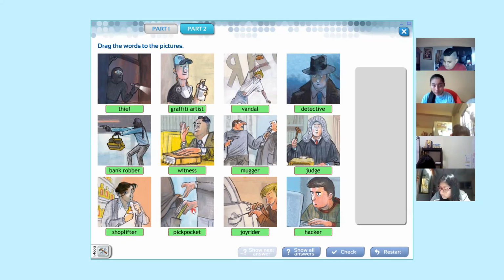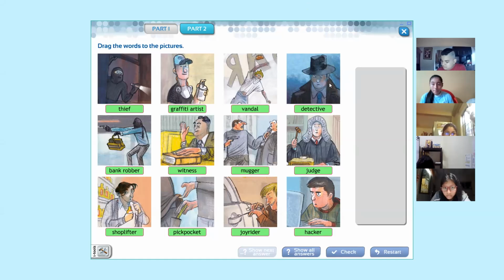Pickpocket, those that take out only the purses from people, that is the pickpocket, carteristas, okay? And the joyrider, those specialists in stealing cars. And the hacker, especially in internet vandalism.